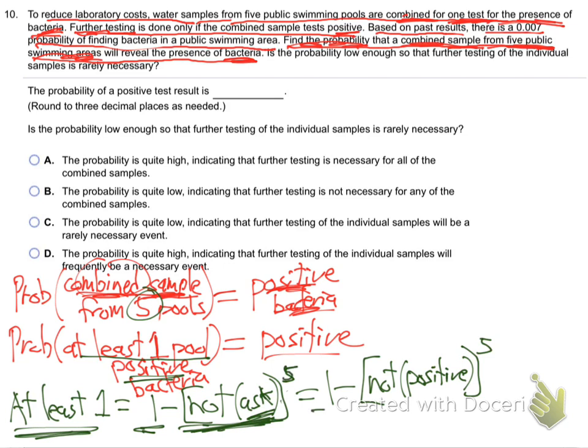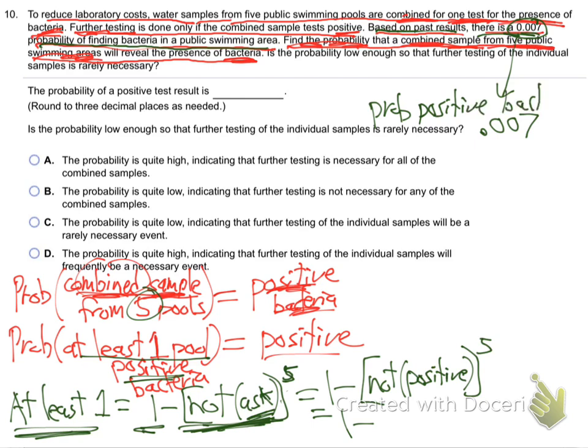And so that's 1 minus, now, not positive. What's the probability that one of them is not positive? Well, right here, it says 0.007 is what? Based on past results, there is a 0.007 probability of finding bacteria in a pool. That's the probability of positive for bacteria is 0.007.